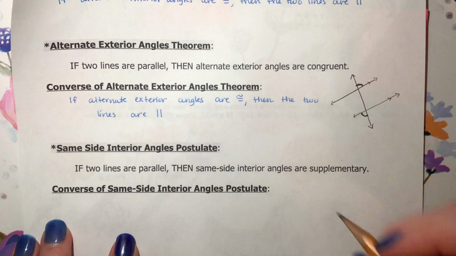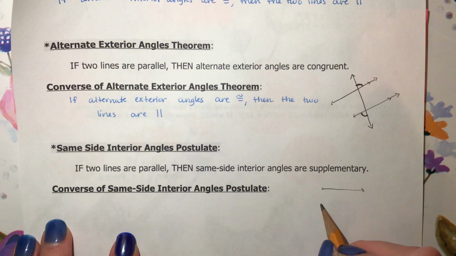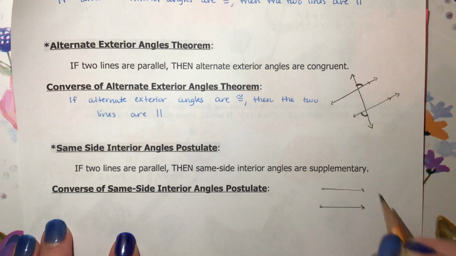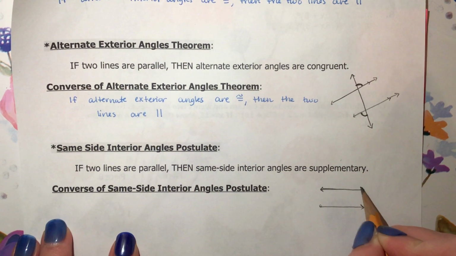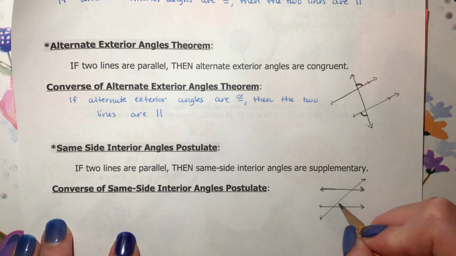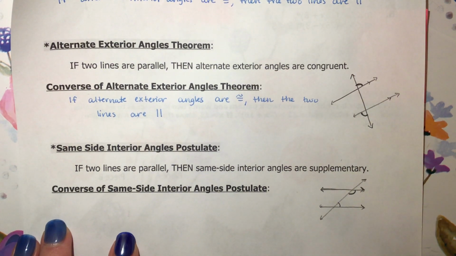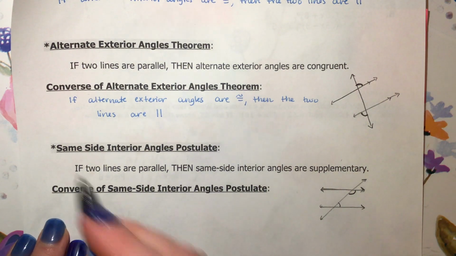I'll draw those for you just so you can see it as well. Let's say that we have two parallel lines cut by a transversal. This one and this one would be same side interior angles. So we're going to flip this around.